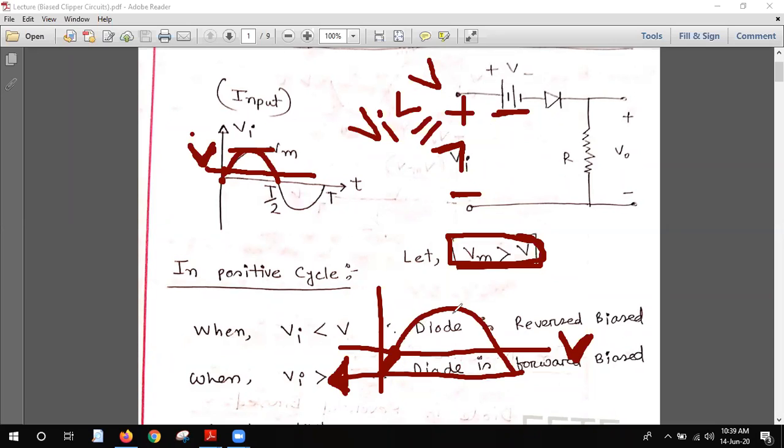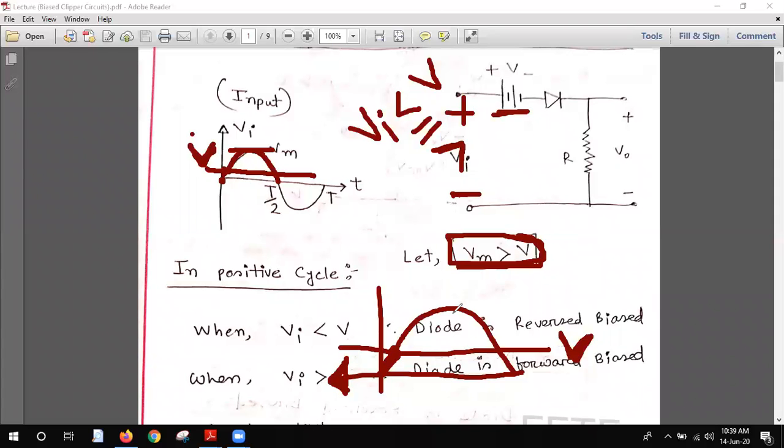So you see that there are two stages, and I told you that when Vi is greater than V, the effect will be of Vi.